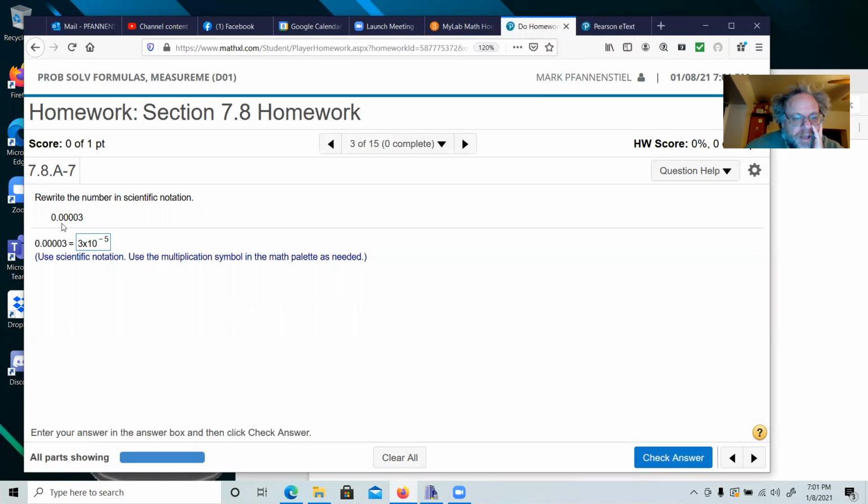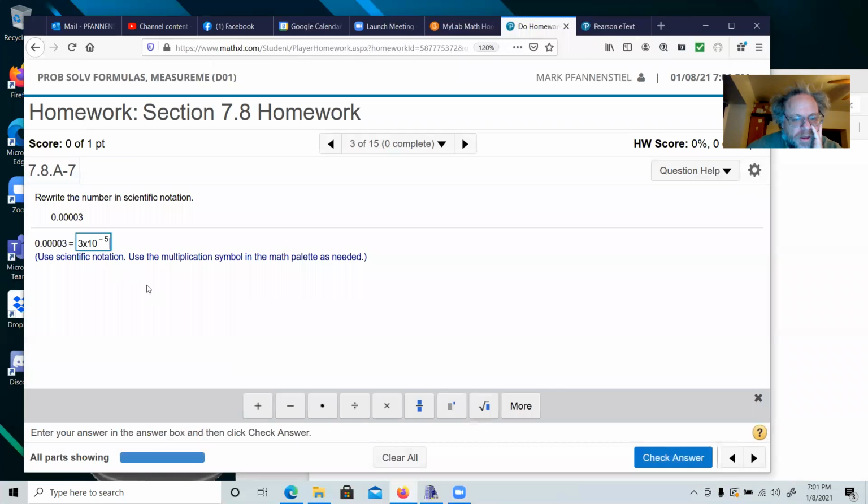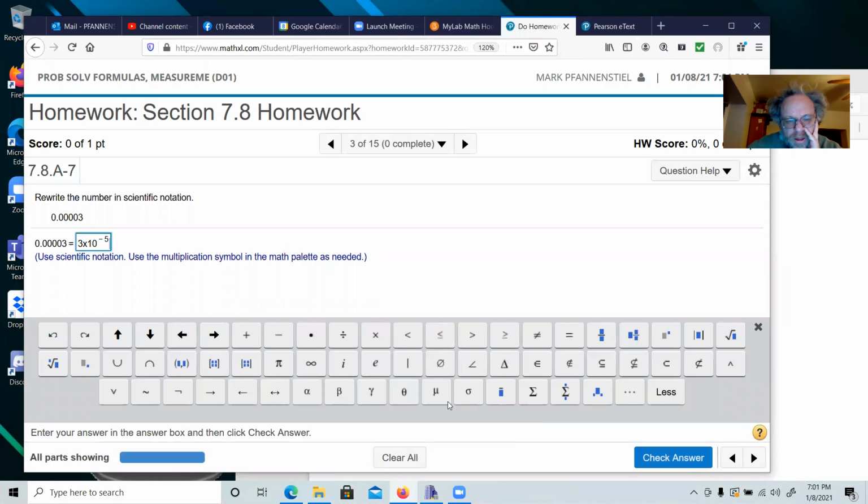Oh, let's double check. Count the zeros right. So we have 1, 2, 3, 4, 5. I don't see what the problem is here. Use the math palette.